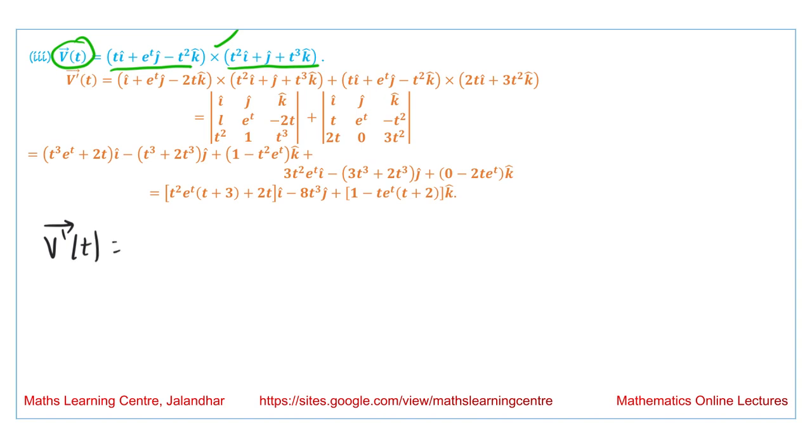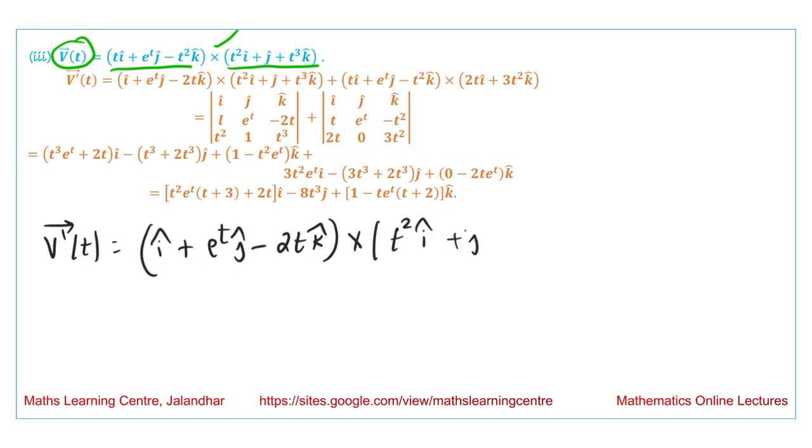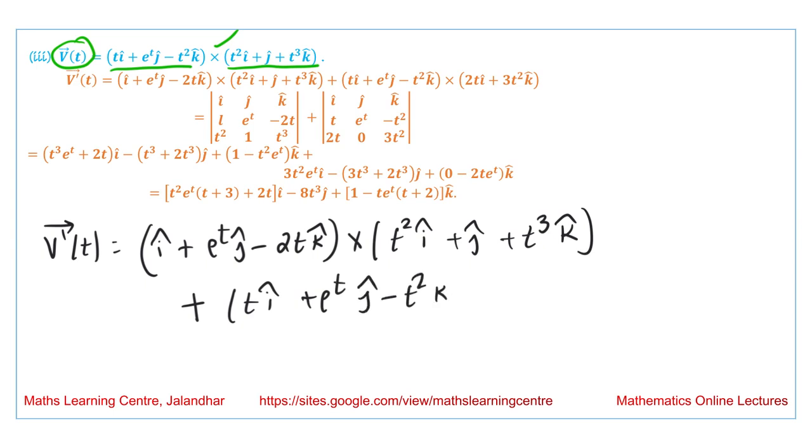The answer we have is (I cap plus e raised to the power t j cap minus 2t k cap) cross (t square I cap plus j cap plus t cube times k cap), plus (t I cap plus e raised to the power t j cap minus t square k cap) cross, the derivative of this, (2t I cap plus 3t square k cap).